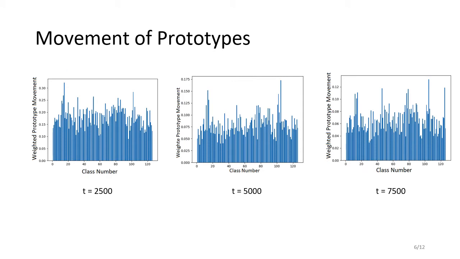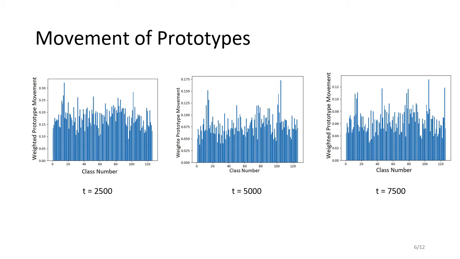In this slide, we see the plots of the moving average of the prototype speeds for iteration t equal to 2500, 5000, and 7500. These are the iterations at which we choose the target samples to be labeled for a 3-shot semi-supervised domain adaptation setting. We choose C samples at each of the 3 iterations, where C is the number of classes.